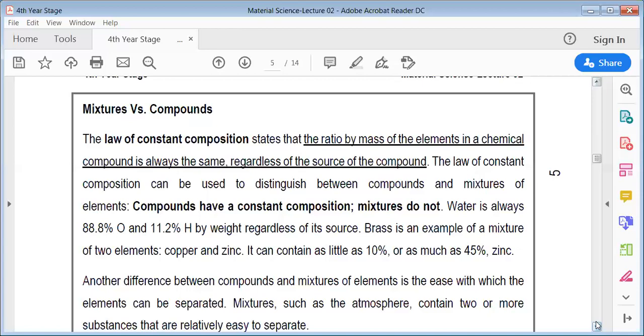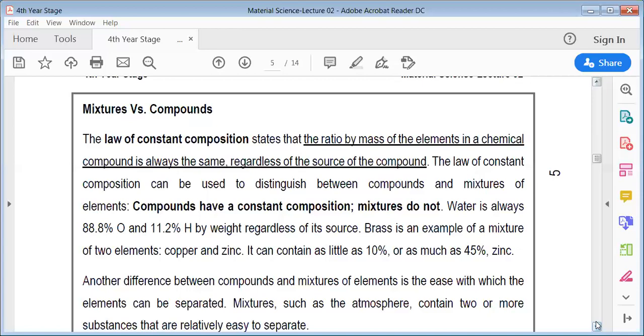It has no constant composition. So water is always 88.8% oxygen. That's the mass. Remember, we're not talking about the number of atoms. The number of atoms in water is two hydrogen to one oxygen. That's the number, but now we're talking about mass.